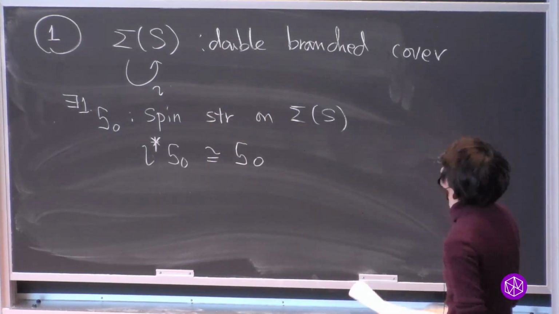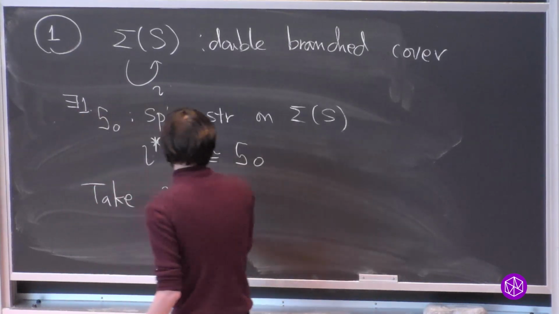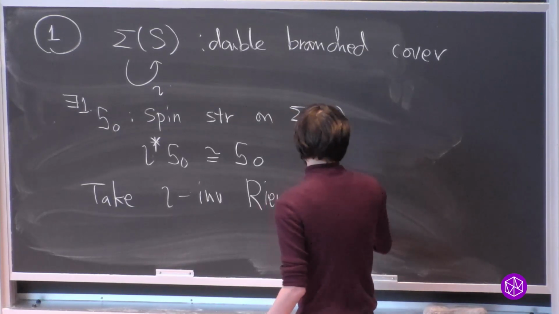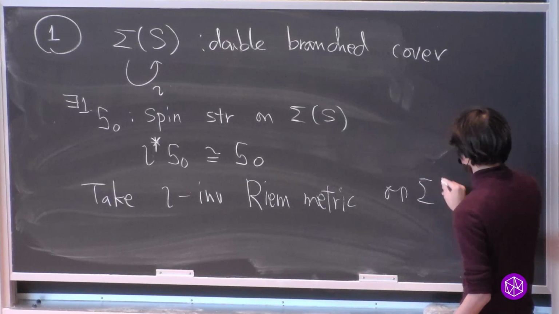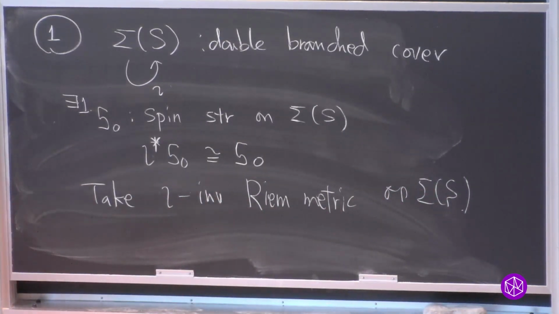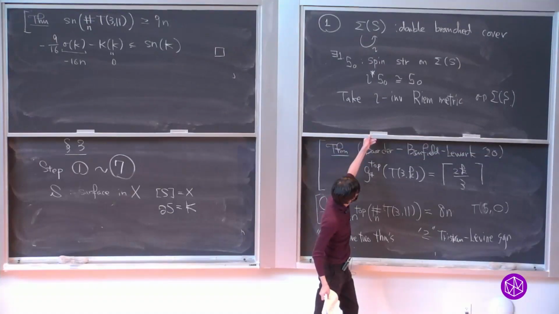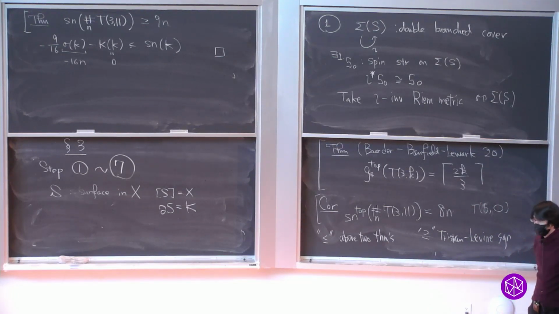Okay. Let's take an iota invariant Riemannian metric on this four manifold with boundary, which is product near the boundary, precisely. Is iota the covering involution or the conjugation involution here?